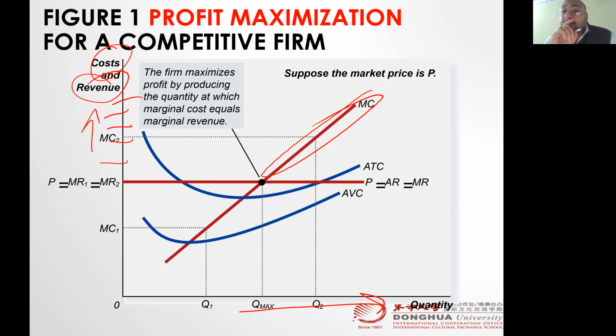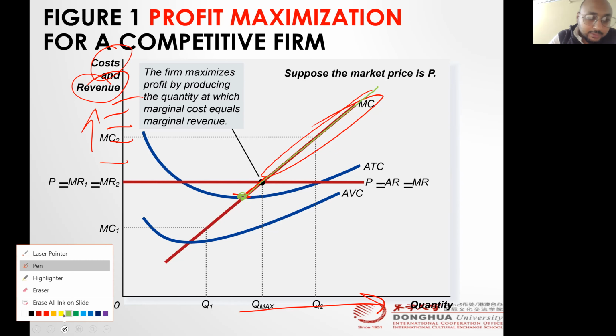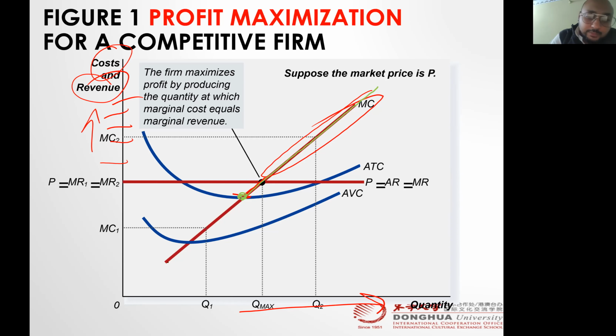And then we ended our discussion on which part of MC is the supply curve. That part of MC which is above the average cost. So if I change the color here to green, from here upward, that yellowish part is not the supply curve.